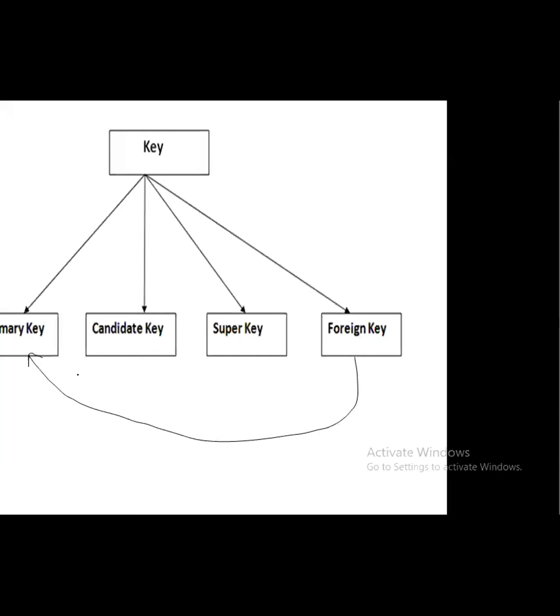How is it dependent? Because when I say foreign key, it references. It is going to refer to the table. Like I have a student table, and then I have a fees table.